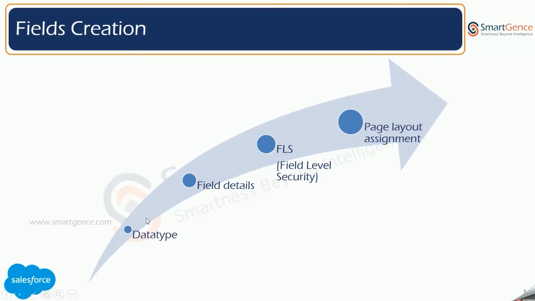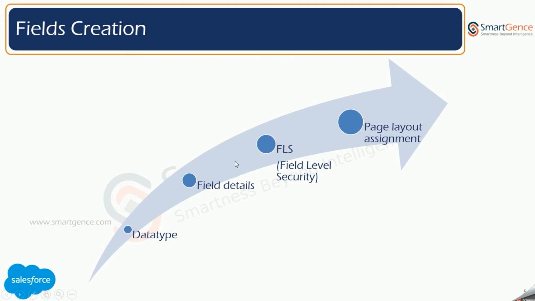In field creation, the first step is selecting a data type. In Salesforce we have 20 to 25 data types. We could specify whether our field has to be a text field, a picklist field or an auto number field, whatever it is. We select that here in the first step of data type selection.